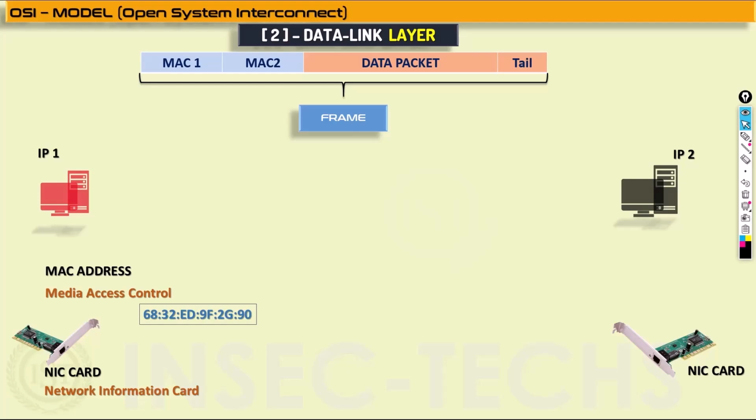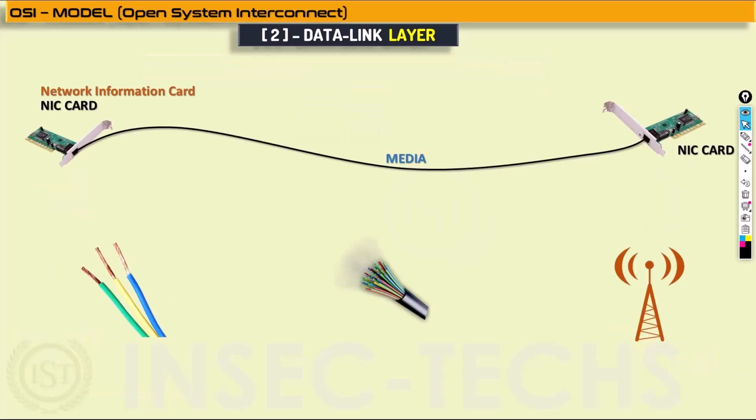And you know what a MAC address is? It is a 12-digit alphanumeric number that is added to your NIC cards, which is a physical address. And layer 2 switches function in the data link layer. Switches or NIC cards of your end device have Ethernet ports that provide means to connect cables in order to transfer data from one computer to another computer using the media, and the media could be copper wires, optical fibers, or your Wi-Fi or radio signals.